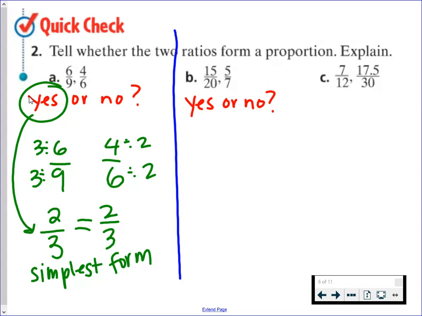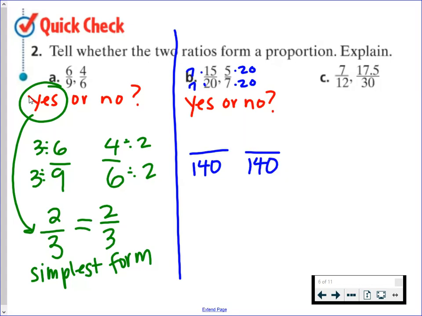I think I might use common denominator this time. Common denominator badly, I guess.